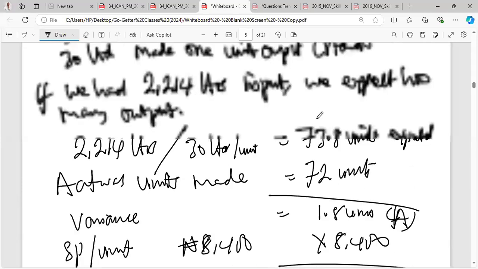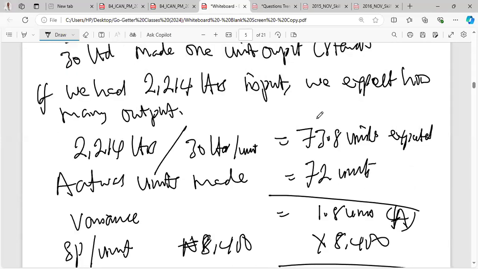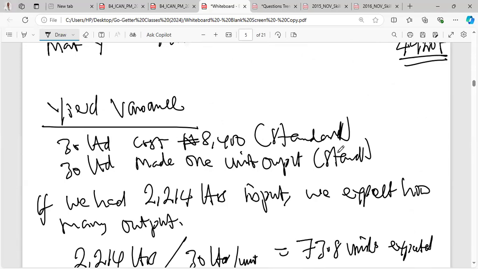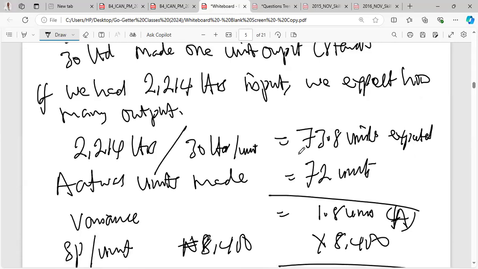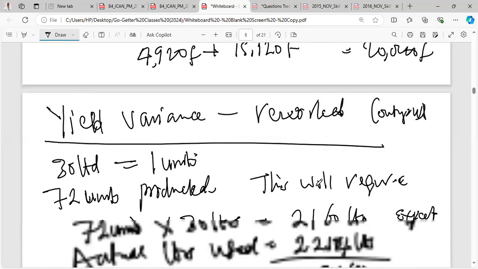If you're using the output method, what you are expecting as an output should be lower than what you actually get to get a favorable variance. If it is higher than what you actually got, it means you didn't get the expected. It is adverse.